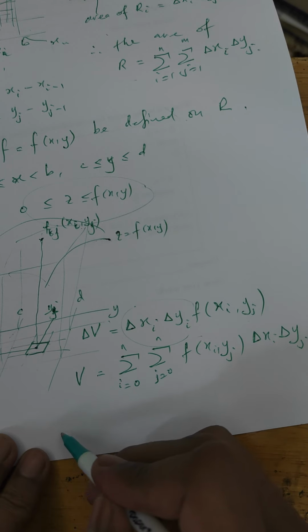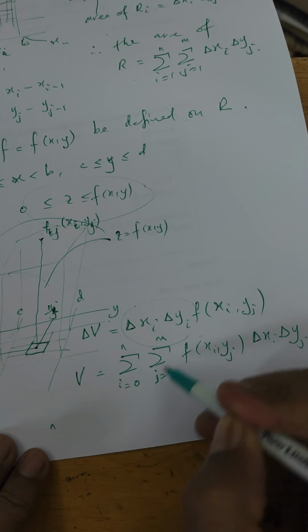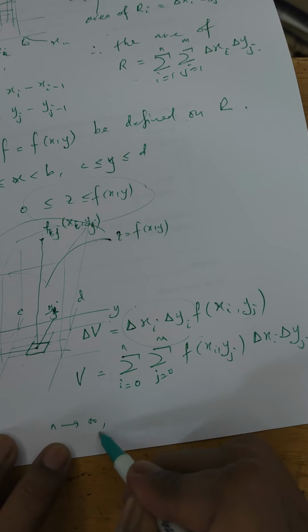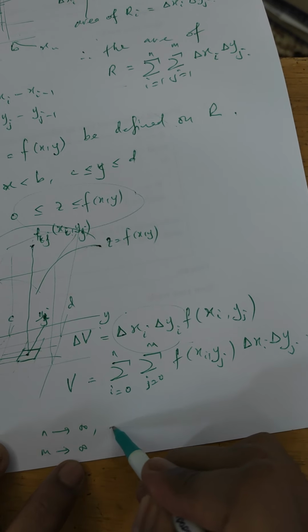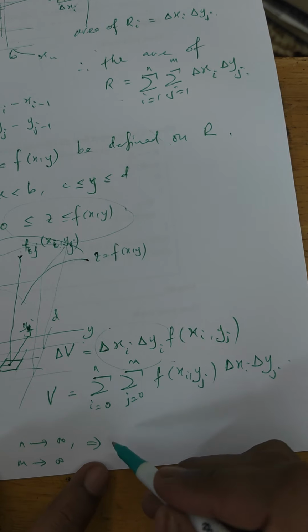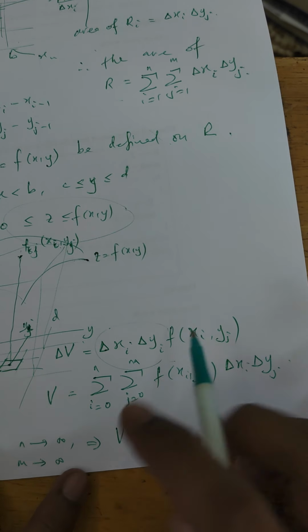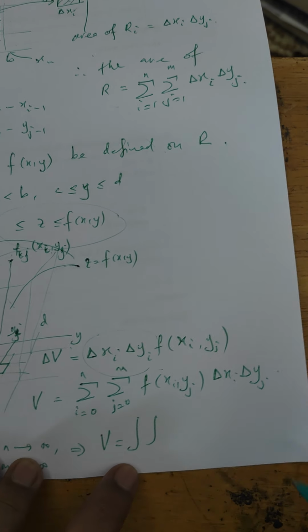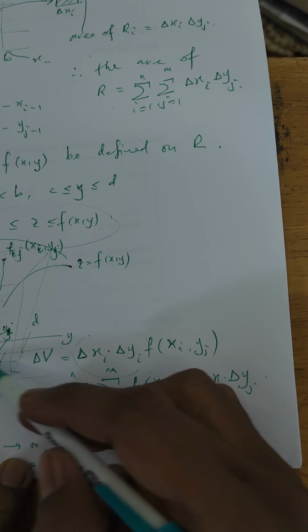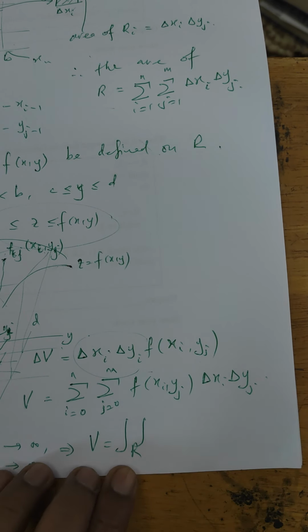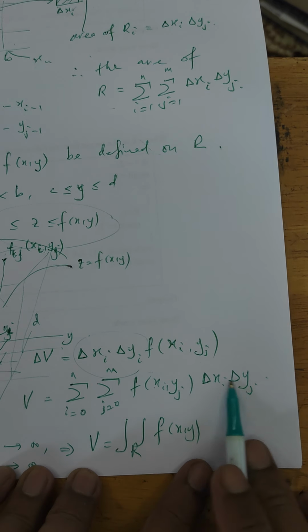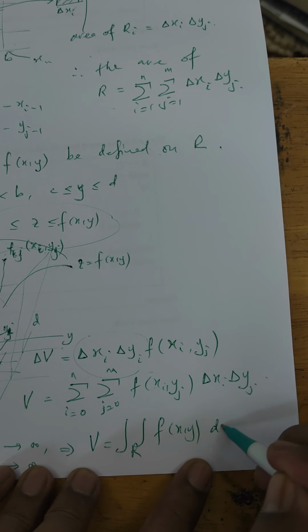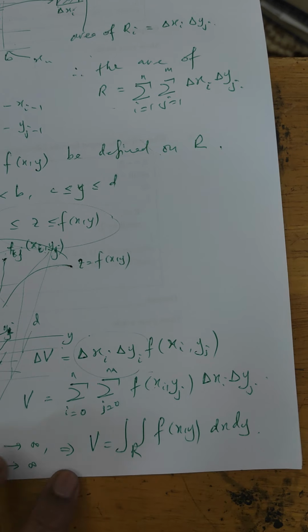And then if we take n and m going to infinity, basically those summations give us the volume, and we get the double integral over the region R of f(x,y) dx dy.